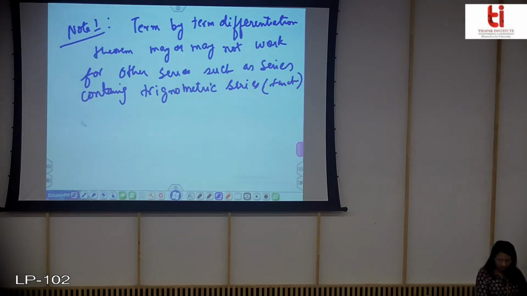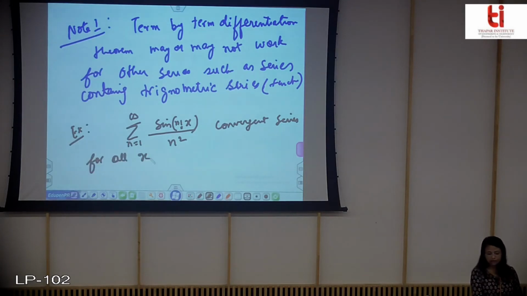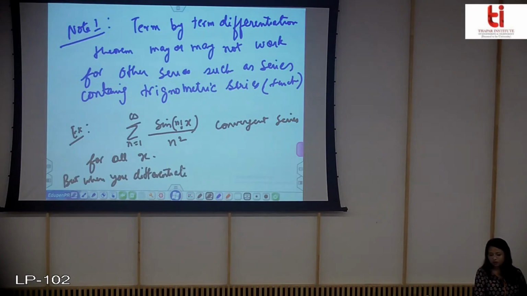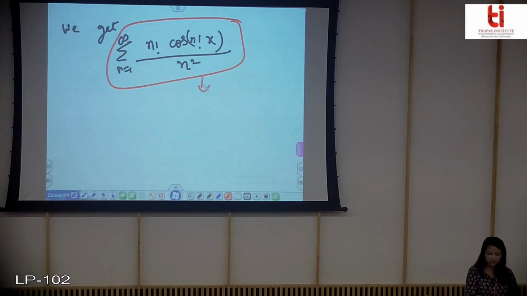For example, if I have a series which looks like this, you can easily show that this is a convergent series for all x. But when you differentiate it term by term, you get a series, and this obtained series diverges for all x.